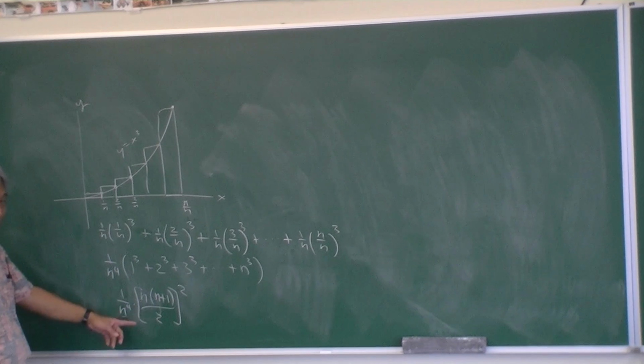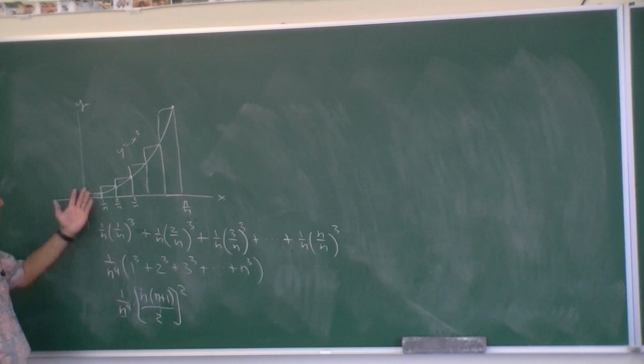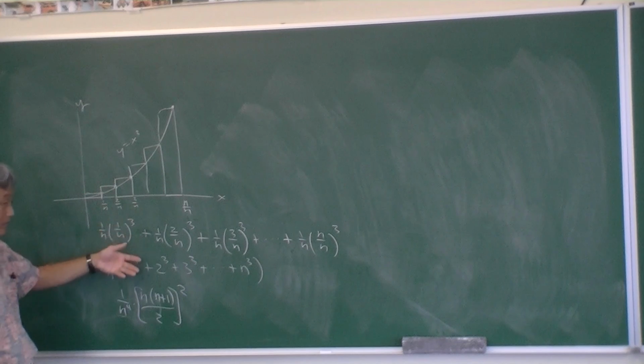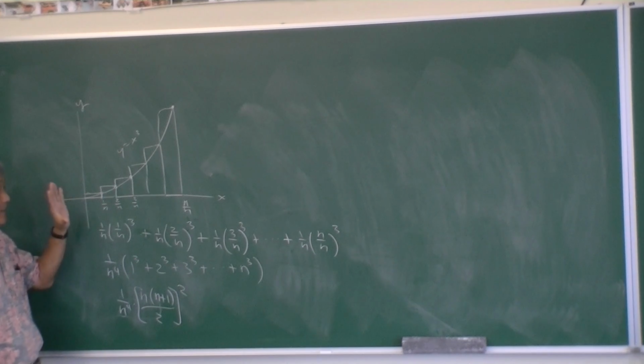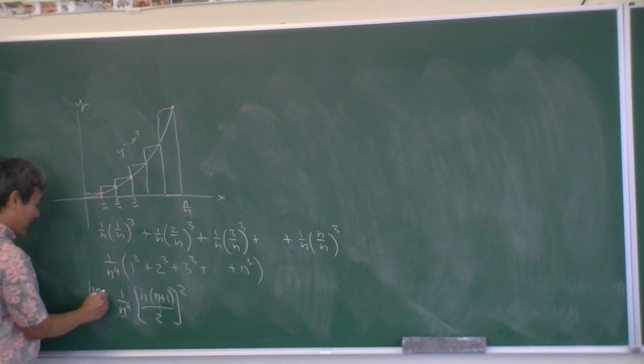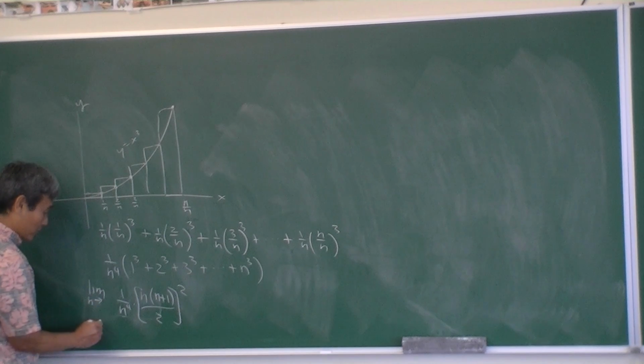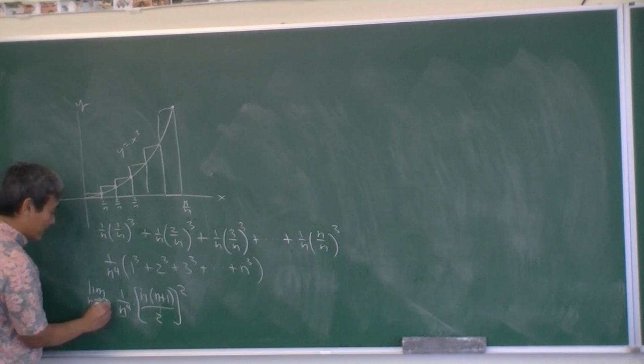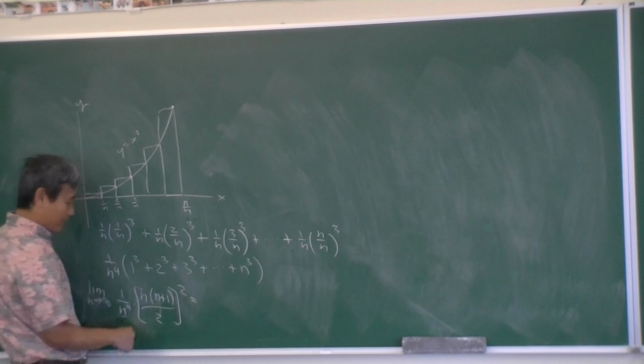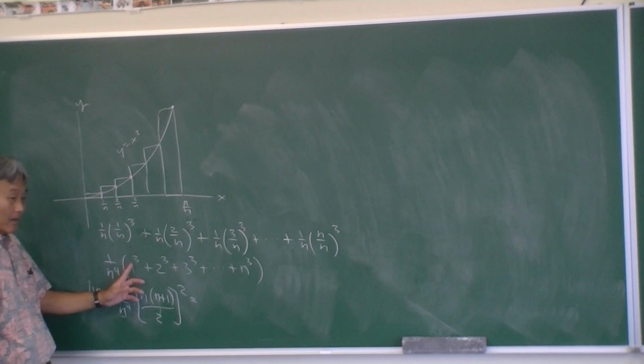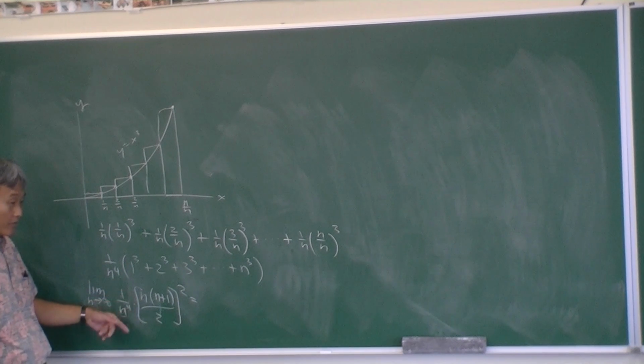And then this is the formula for the sum of the areas of n rectangles. So if we want to find the area exactly, we take the limit as the number of rectangles goes to infinity. And do we know how to find this limit? If the degree of the top is the same as the bottom, you look at the coefficients.